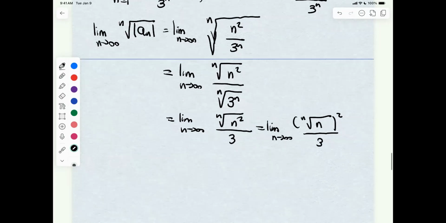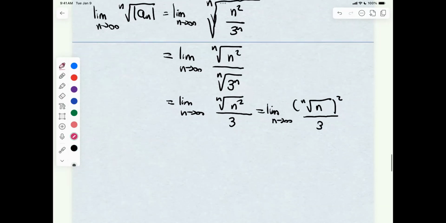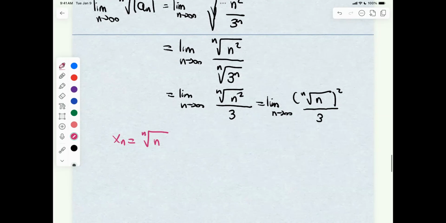Usually it's easier to take the logarithm first. So call x sub n the nth root of n. So the natural log of x sub n is the log of the nth root of n, which is 1 over n times the log of n.